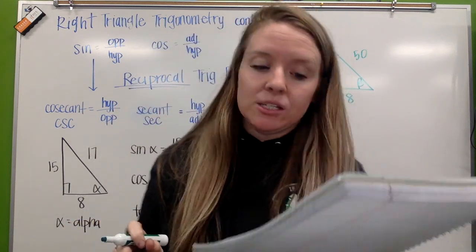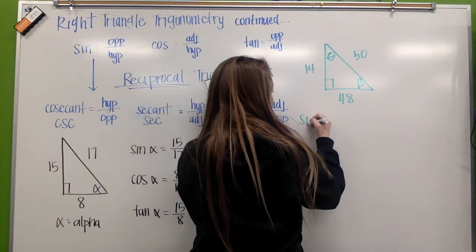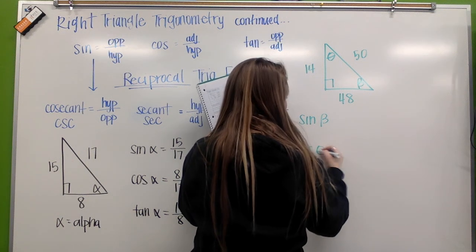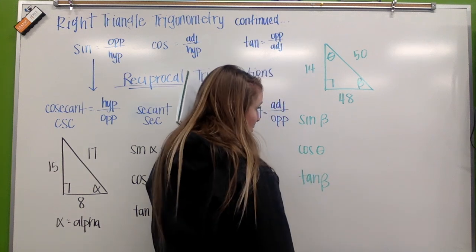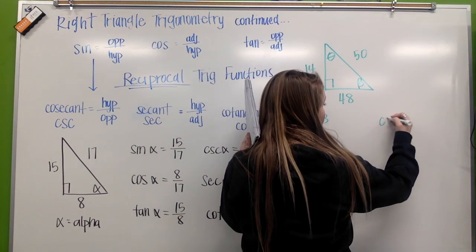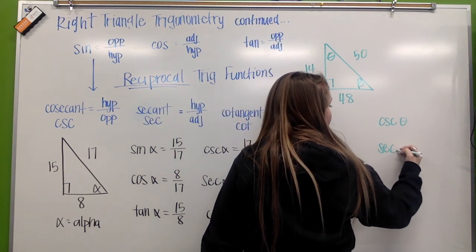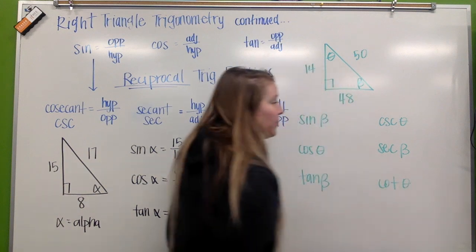Wait before you try this one, because I'm going to give you specific things to find. I want to know the sine of beta, cosine of theta, and the tangent of beta. And then I want to know the cosecant of theta, the secant of beta, and the cotangent of theta.